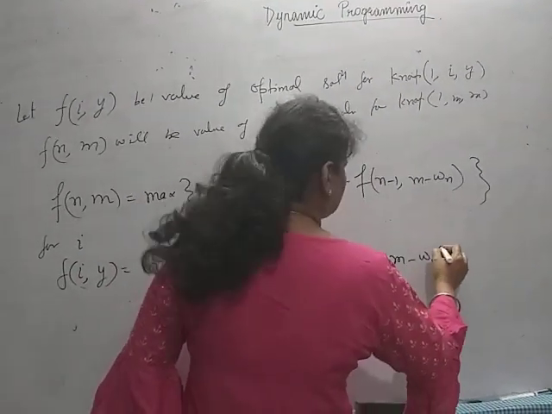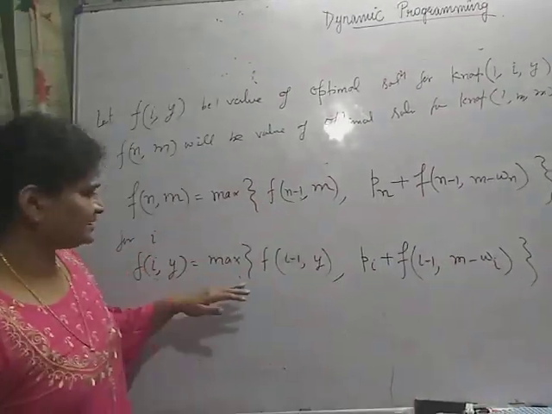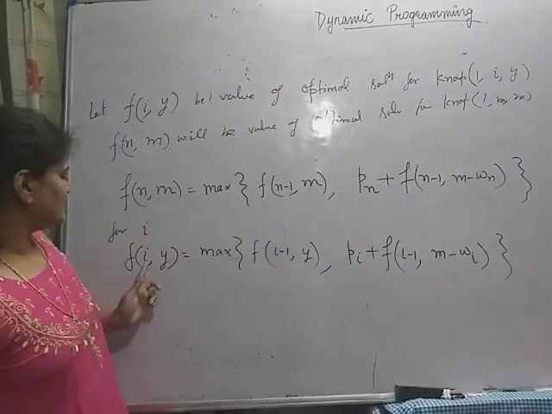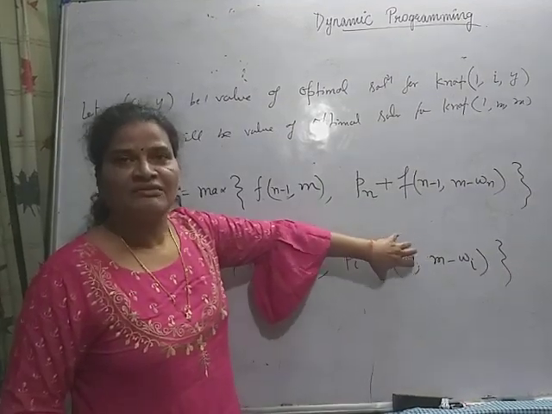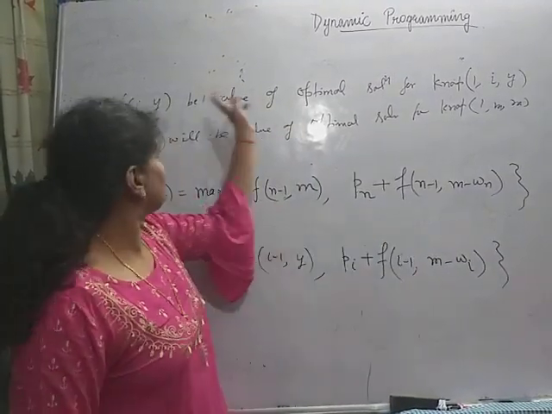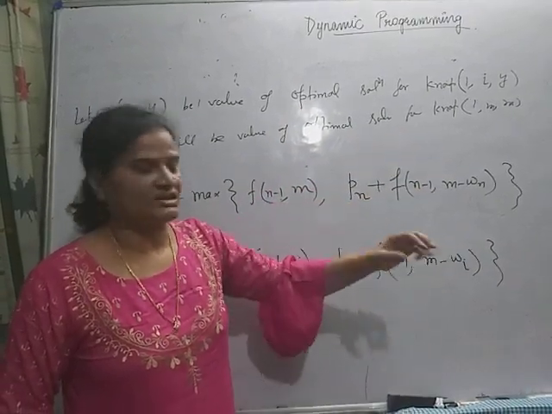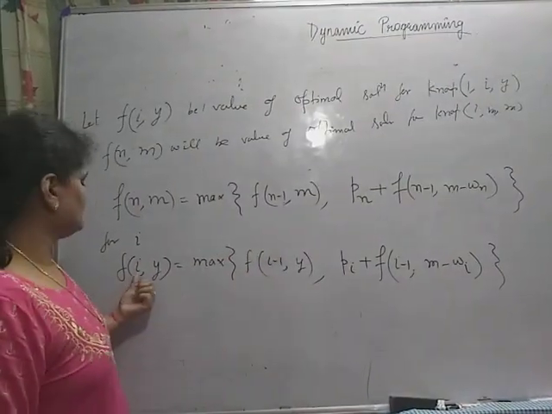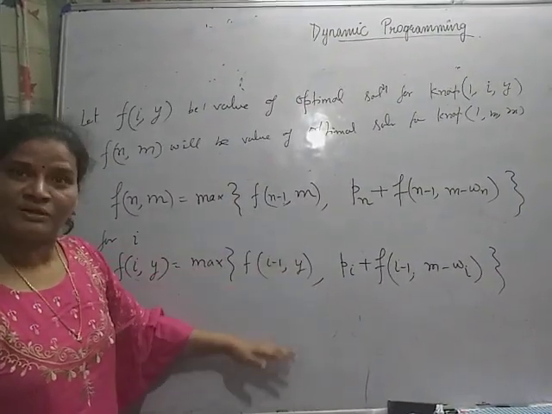So this component gives the value of the optimal solution when the ith object is excluded, and this gives the value of the optimal solution when the ith object is included. This is a recurrence relation, so this is a bottom up approach.